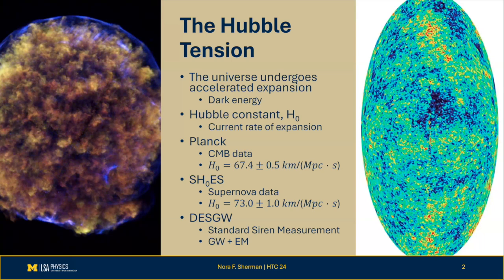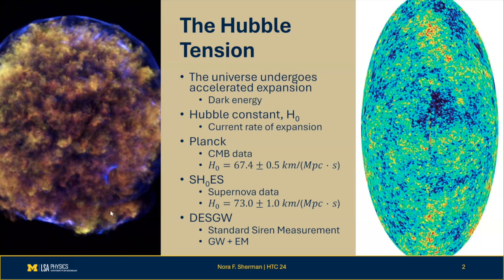And of course, lots of people have gone about doing this. So we can see here are some of the experiments that have done it. But there is actually a large discrepancy present in H0 measurements between early versus late time measurements of the Hubble constant.